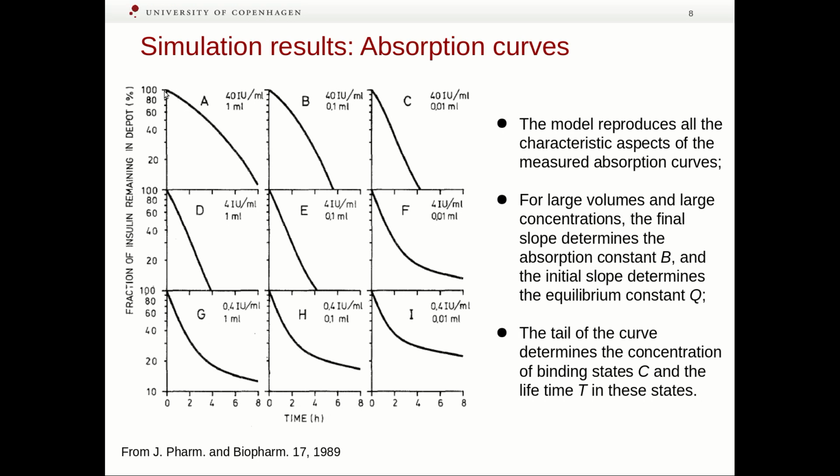The hexameric form will not diffuse into the blood vessels, and the result is that the absorption rate is relatively low here and then becomes higher as we reduce the concentration as more and more insulin moves into the blood vessel.